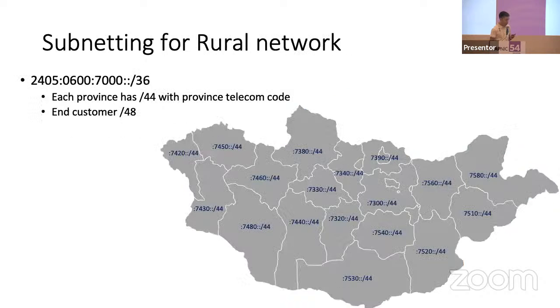Then subnetting for the rural area: we also assigned a /36, and each province has a /44, coded with the telecom code. For example, the middle part is the telco code of each province. Each province also has 16 customer capability.